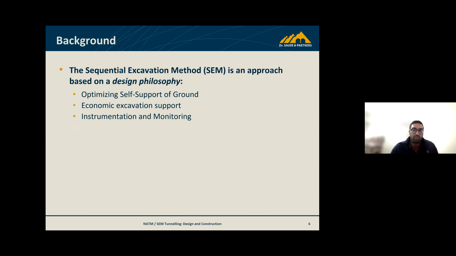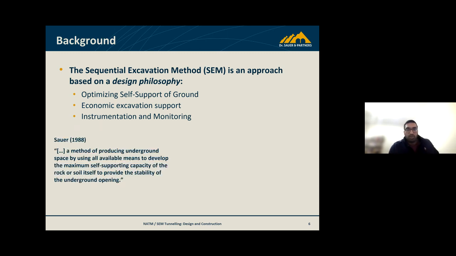So we're aiming to not create over-conservative linings or extremely thick support systems. It is based on what the ground is doing, or how the ground is in that specific location. And the instrumentation and monitoring is obviously a very big part of that, feeding back information into the excavation support systems that are going to be used.